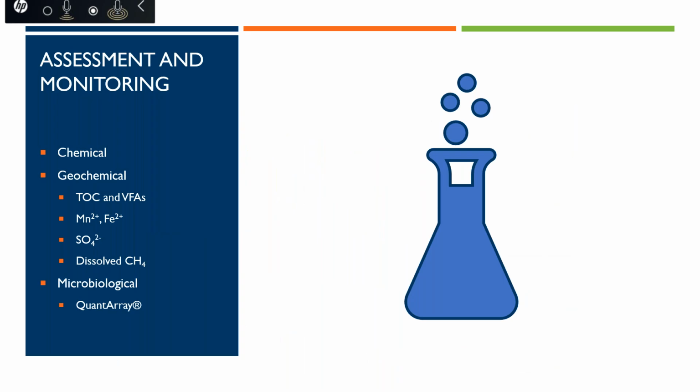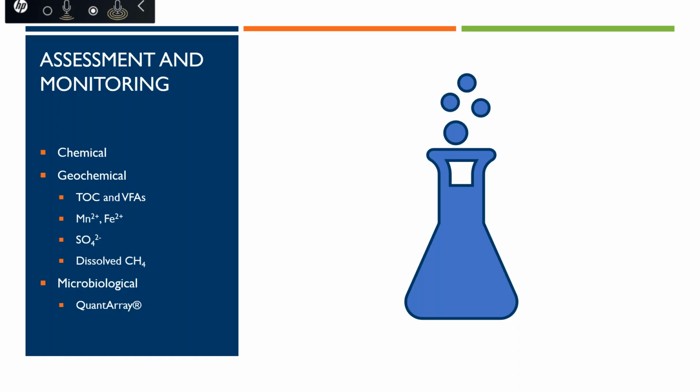The site managers performed extensive chemical, geochemical, and microbial analyses for assessment and groundwater monitoring. So they looked at the contaminant concentrations and daughter products. I won't get into it here, but they also performed CSIA on groundwater samples from select locations. And then the geochemical monitoring included volatile fatty acids, manganese, ferrous iron, sulfate, and dissolved gases.